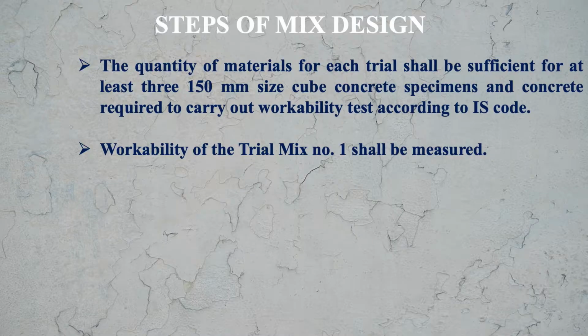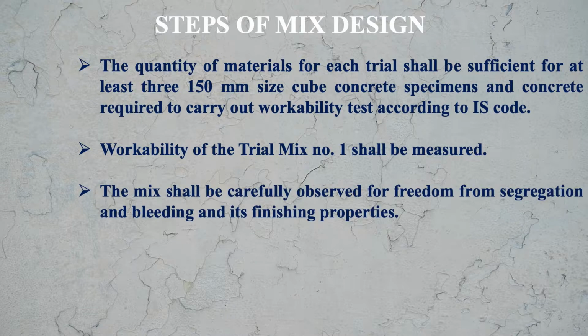So means we should have enough quantity of material, because we have to cast at least 3 150 mm size cubes of this concrete, and we also have to do the workability test. Workability of trial mix number 1 shall be measured. The mix shall be carefully observed for freedom from segregation and bleeding and its finishing properties.